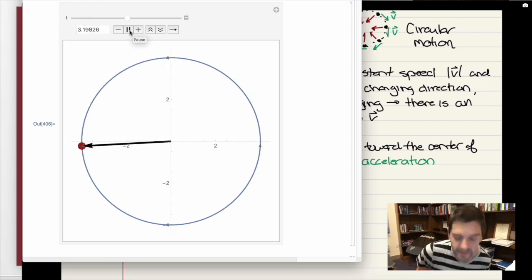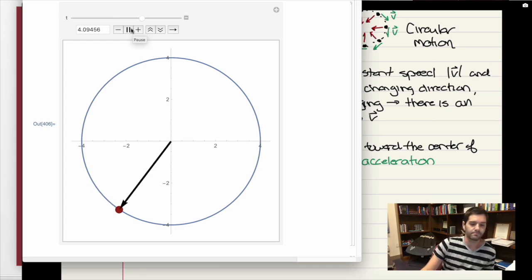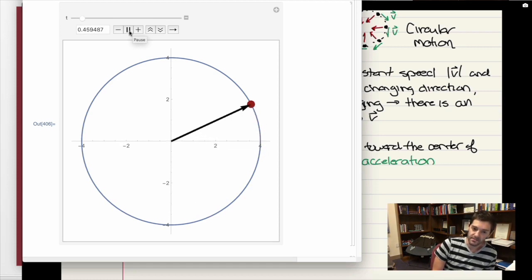In this case, it looks like I used 4 as the radius. Just by looking at the motion of this image, we could ask, what direction does the velocity point in uniform circular motion?